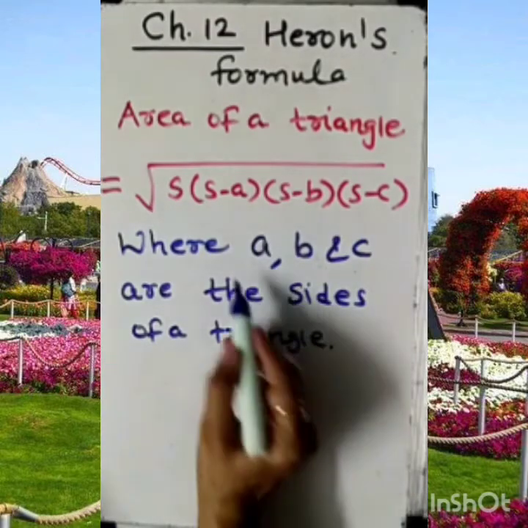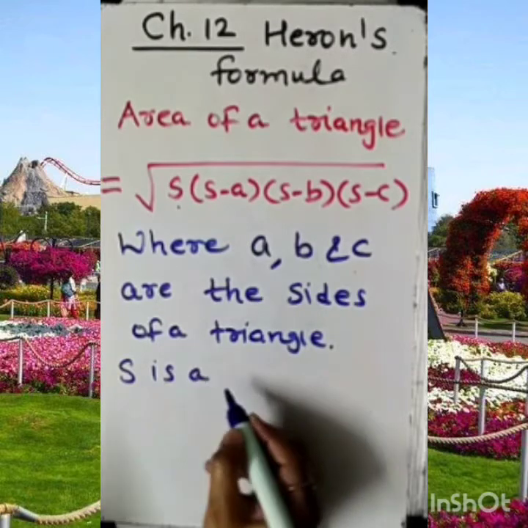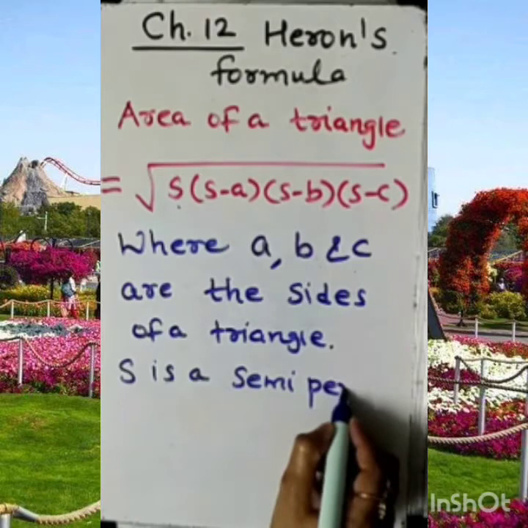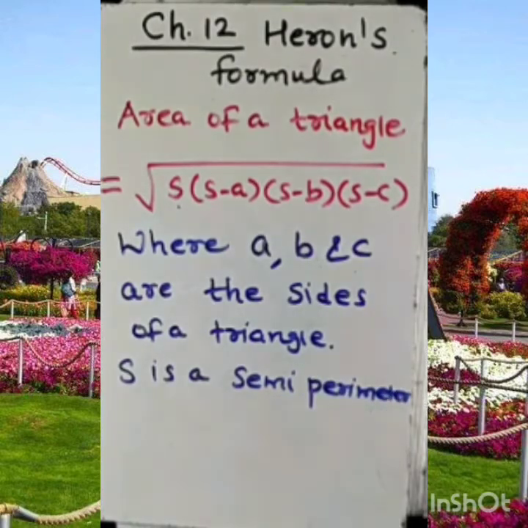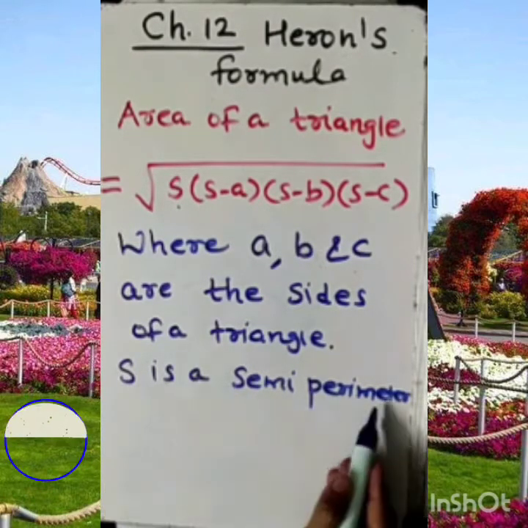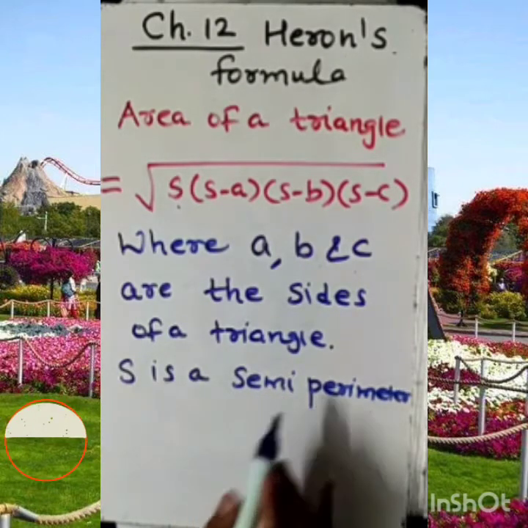And what is s here? s is the semi-perimeter. You know very well, the word semi indicates half. As you know, if I ask you about a circle, then half of the circle is a semicircle. So similarly, perimeter and its half is the semi-perimeter. Please keep this in mind.